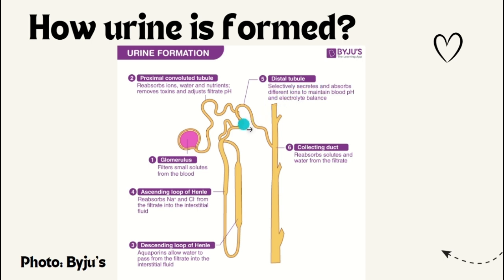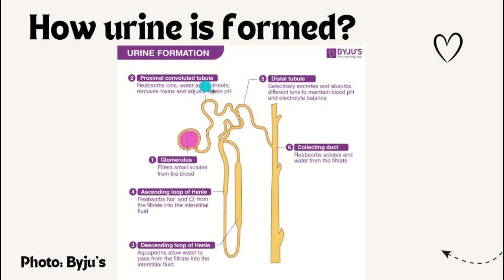And then the distal tubule is going to selectively secrete and absorb different ions to maintain blood pH and electrolyte balance, right? And then you're going to have the collecting duct, which is going to reabsorb solutes and water from the filtrate, right?